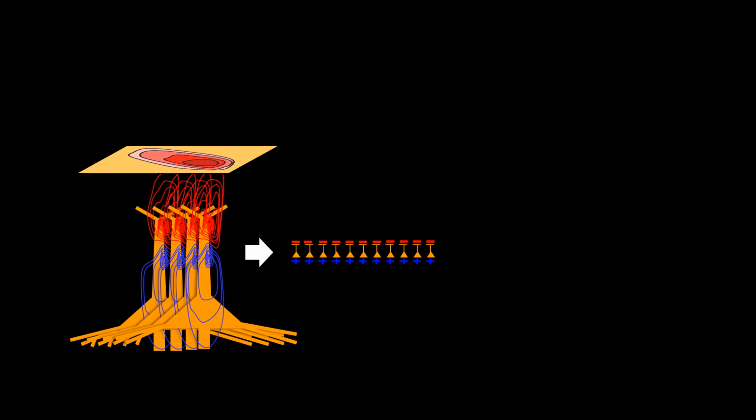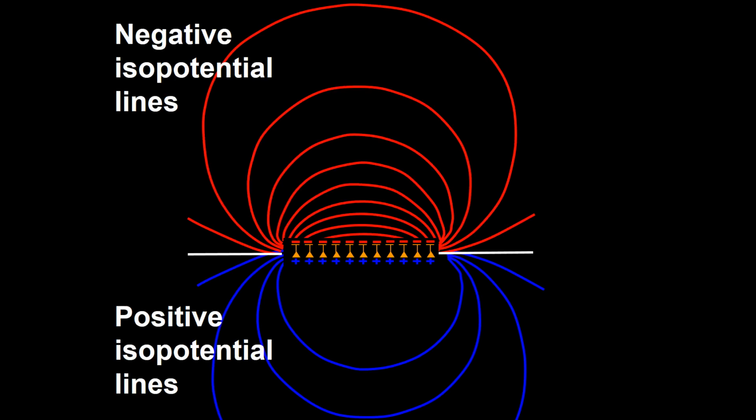I will represent these neurons in this frame by the figure just introduced, with negative and positive signs that represent a flat dipole layer. As you can imagine, this flat dipole layer, containing thousands and probably millions of neurons, will create expanding positive and negative isopotential lines to conform with the volume of distribution.